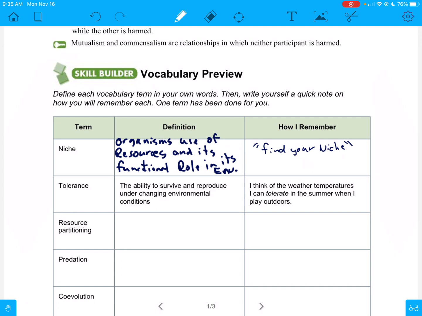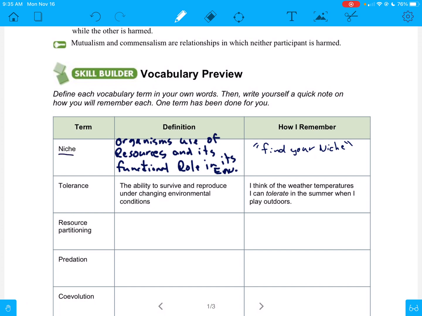For example, what's my niche? Well, I teach. I'm a high school teacher. That's my niche. That's what I'm good at. That's what I do. And I found it, and now that's my function in society, right? Okay, what's your niche? What are you good at? What is your thing? And that's what you need to be thinking about when you think about the word niche.